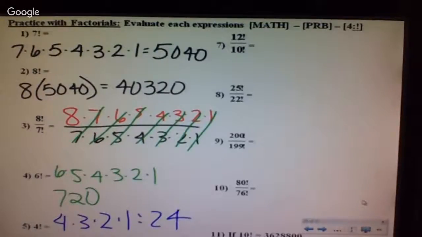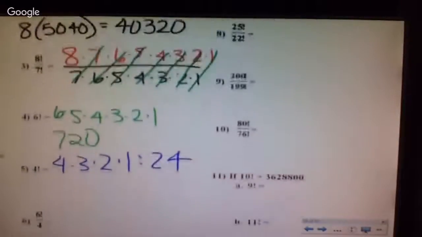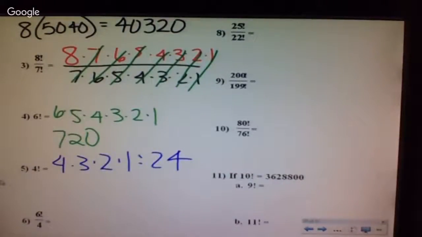I start with 12 in the top. So my top should be 12 times 11. Should I write 10? No, because in the bottom I started 10. Oh, it's down here farther. My bad. Let me go back to 6.